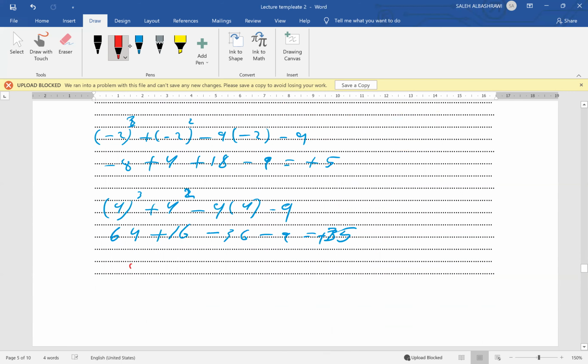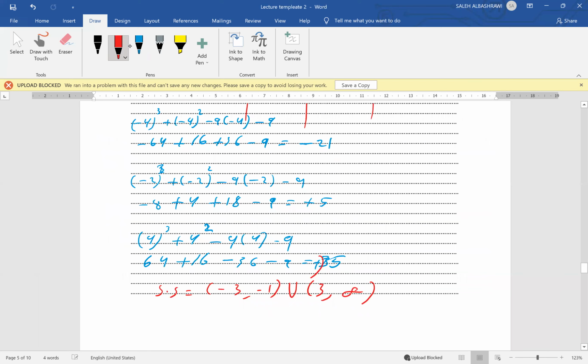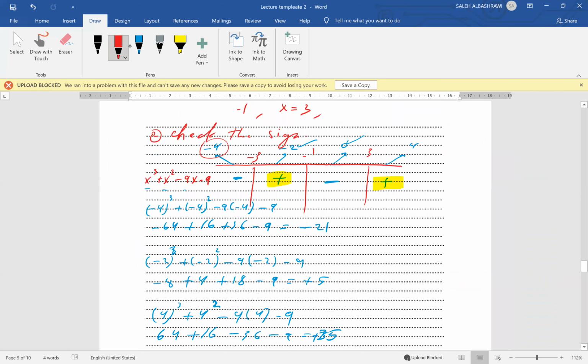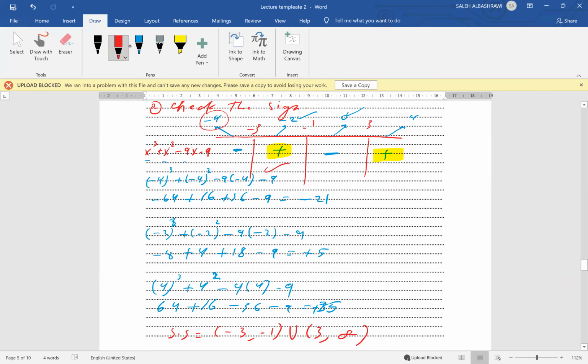So the solution set is the open interval minus 3 to minus 1, union 3 to infinity.